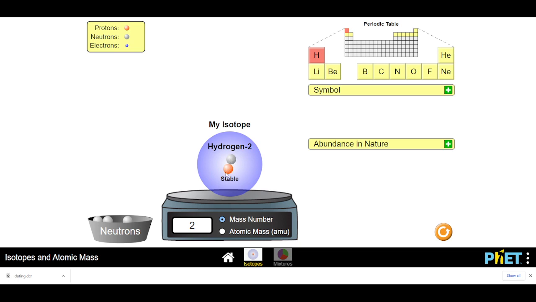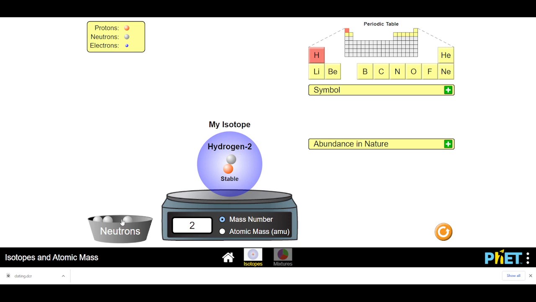So now we have two. We could even click onto atomic mass, talking about atomic mass units, but I'm not concerned about that. You may be exposed to that in chemistry right now. We want to understand the stable, unstable idea when it relates to radioactivity and how we can use this concept for dating.